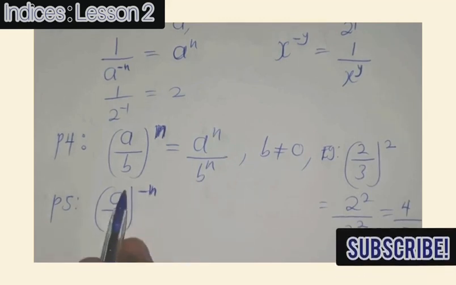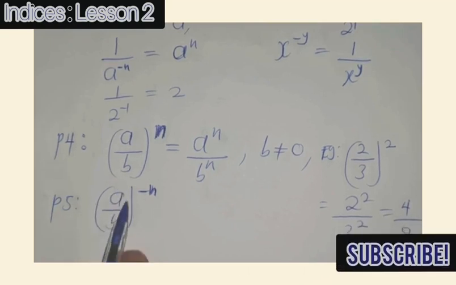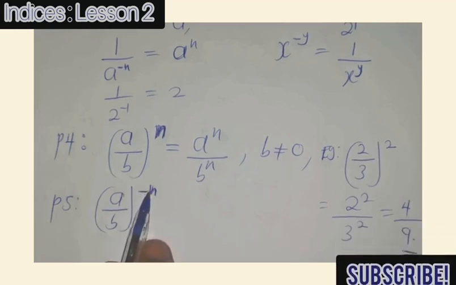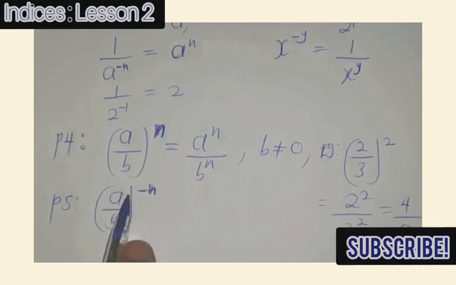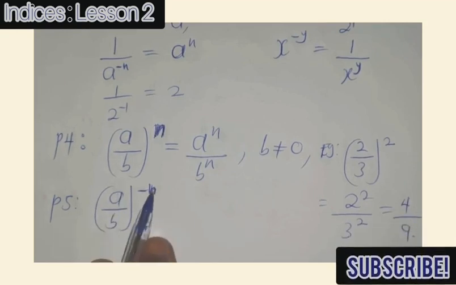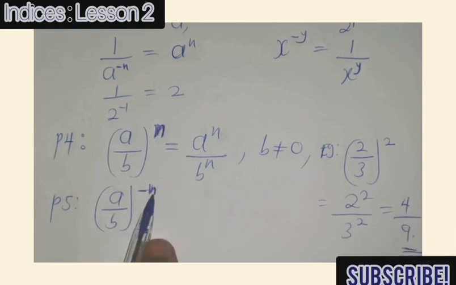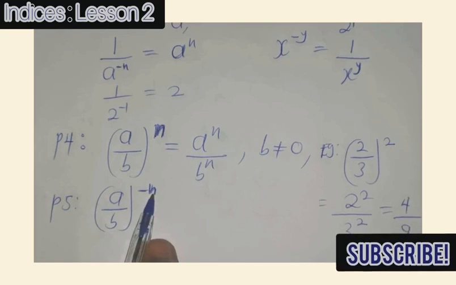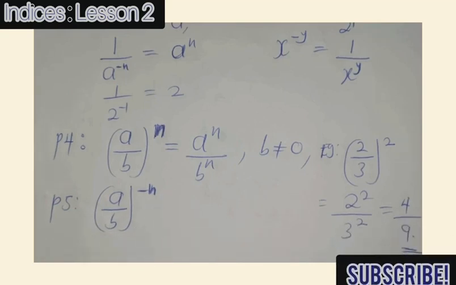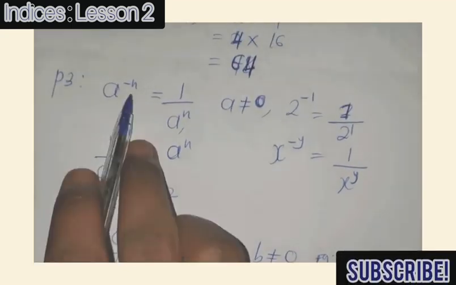Or better still, find the reciprocal of the fraction, and immediately you find the reciprocal, this negative changes to positive. Or take the negative n on both bases: you take a raised to the power negative n, and b raised to the power negative n. Then you apply your property 3. Then you are good to go.